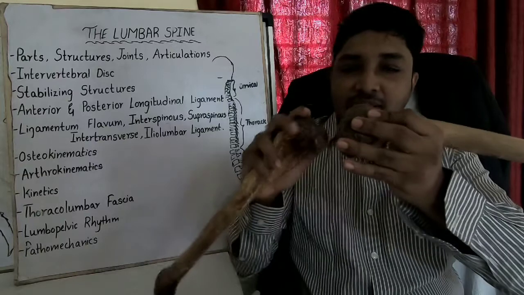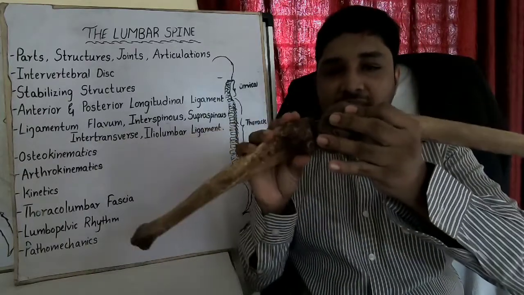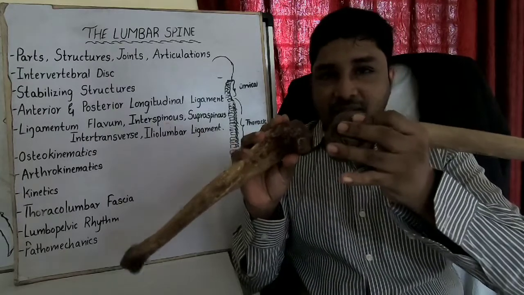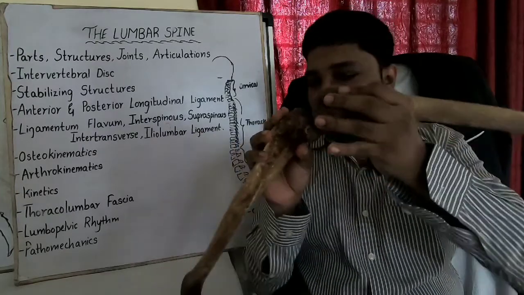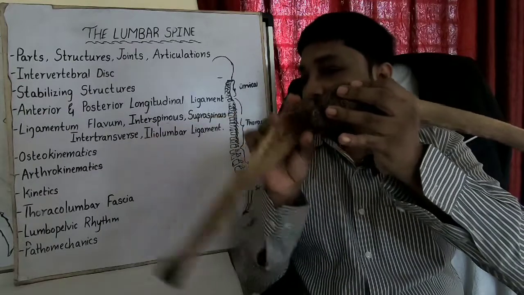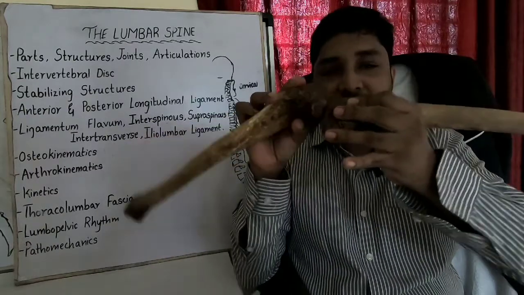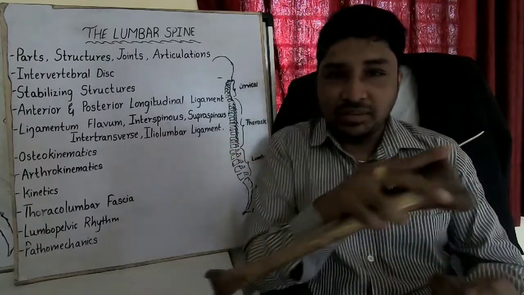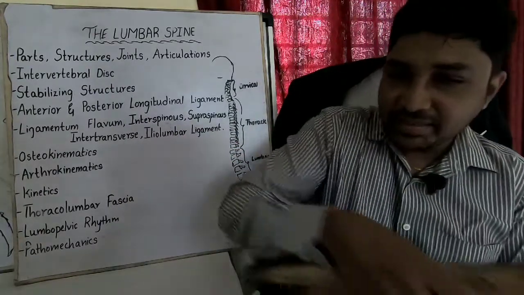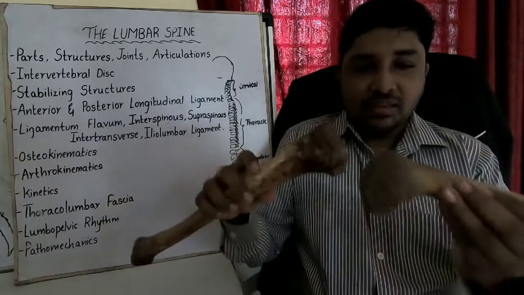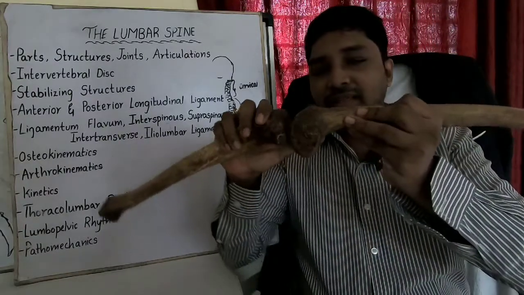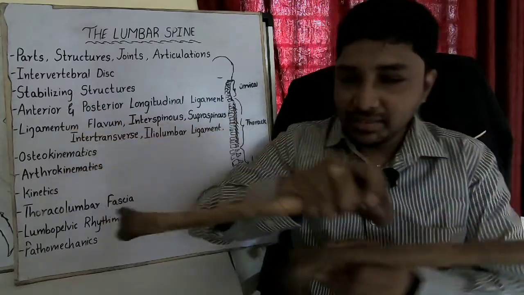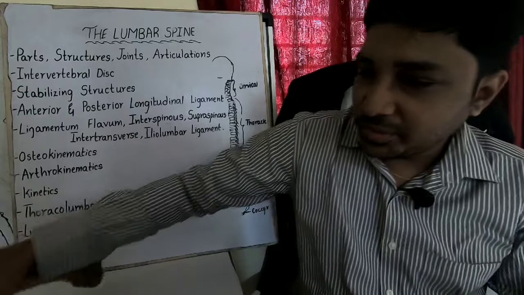Then the discussion on the movement happening within the joint, say sliding and rolling, is arthrokinematics. Do they happen separately? No. These two happen simultaneously. In fact, when there is a movement in the joint, that produces the movement of the bone. So it is a simultaneous movement.